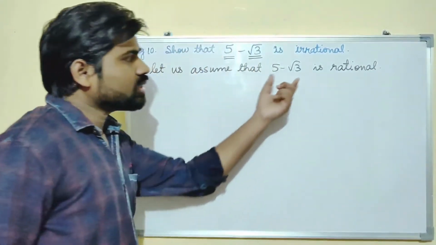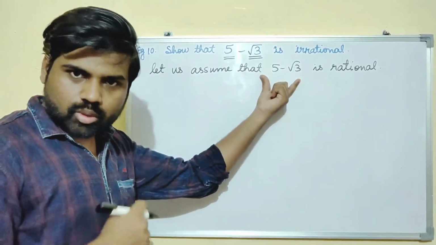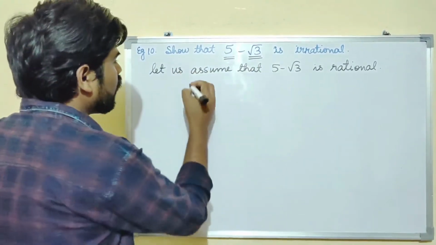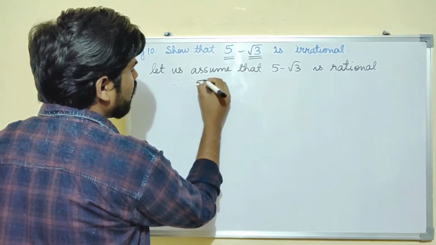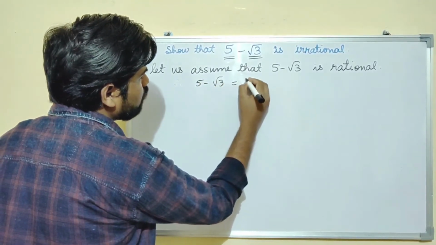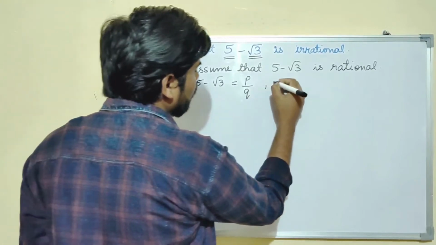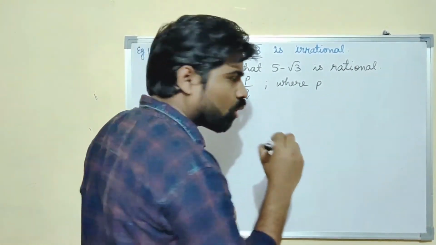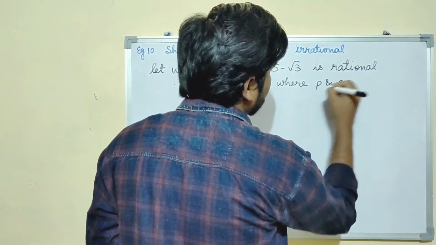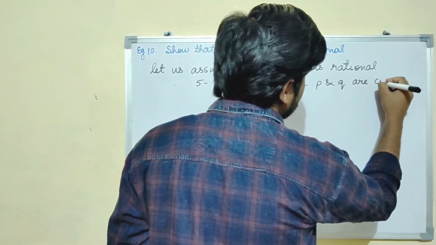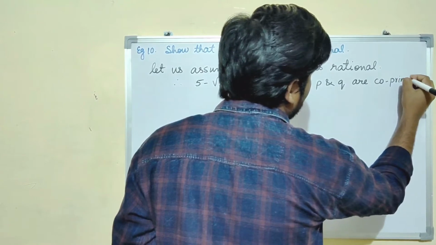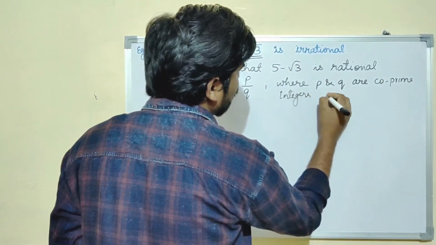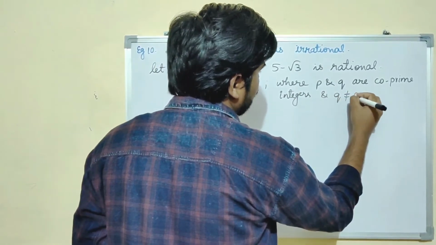Now since this is rational according to our assumption, we can write 5 minus root 3 as p upon q, where p and q are co-prime integers and q is not equal to 0.